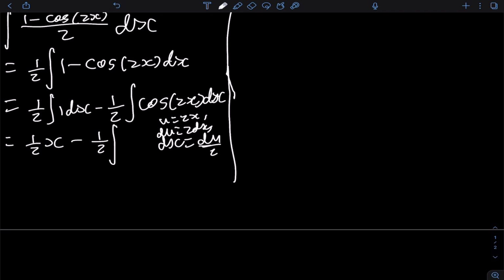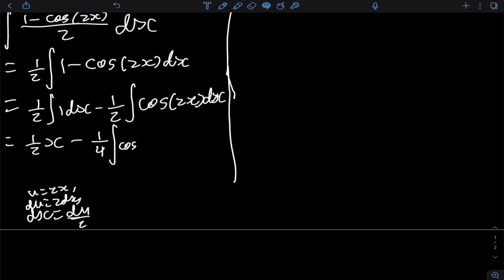We can take that half multiple out of the du by 2, and what we see here is now we have 1/4. Now we're in the u world, so we're just integrating cosine of u. So let's pick up all of this stuff and move it here, and we'll just make a note that this comes from here.